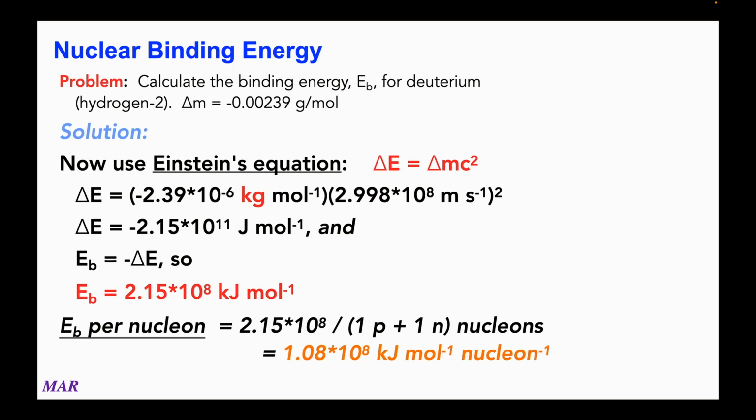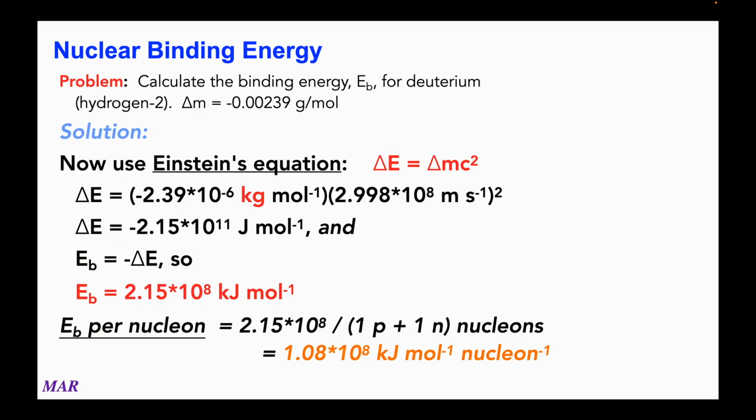A lot of times they'll figure out the binding energy per nucleon, and a nucleon is literally a subatomic particle in the nucleus. So basically count up the number of protons and neutrons, and that's the number of nucleons. In our example, we have 1 proton and 1 neutron, or 2 nucleons. So if you take that previous EB and divide it by 2, you get 1.08 times 10 to the 8th kilojoules per mole of nucleons.